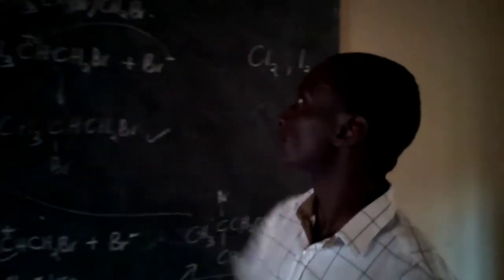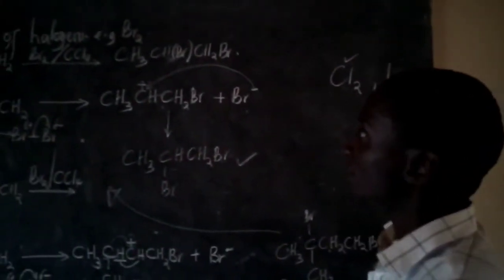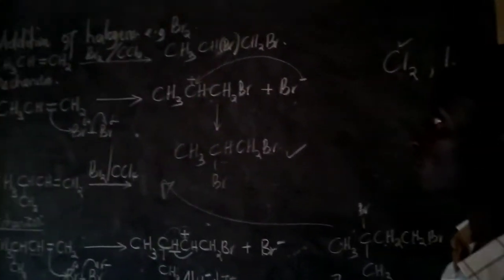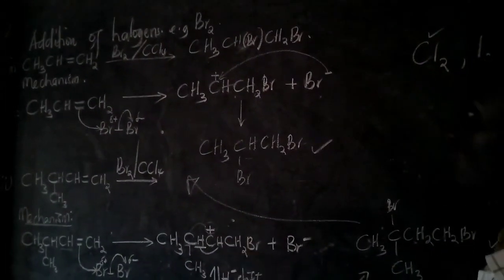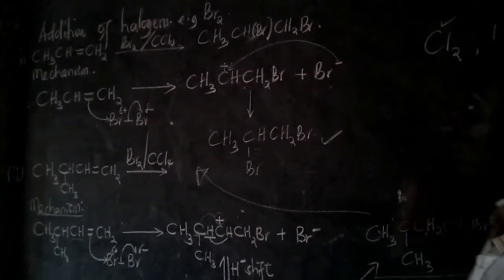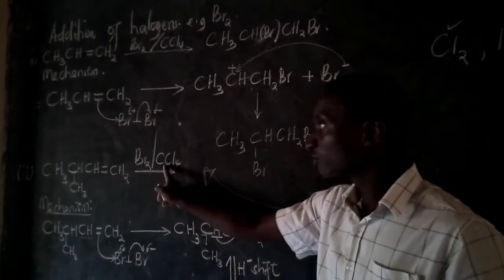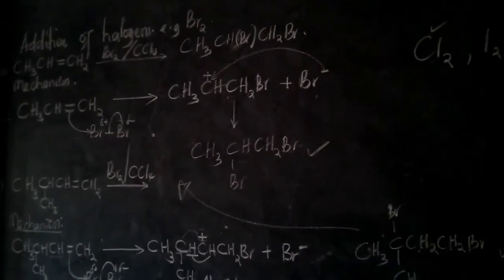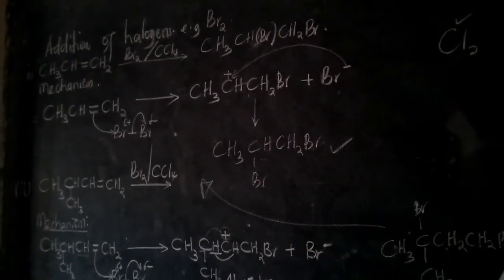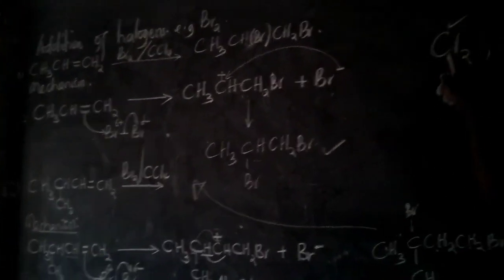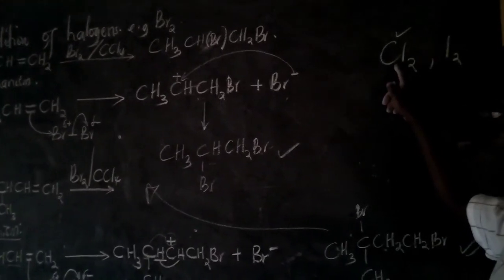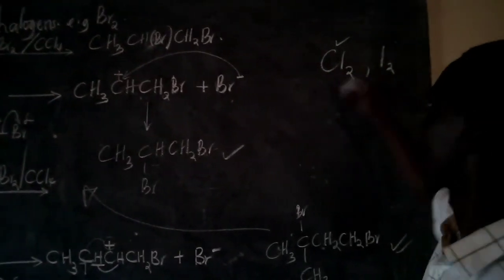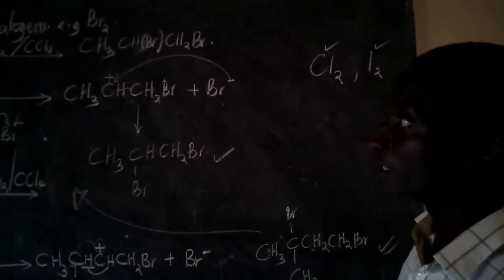Reaction 1: bring propene, then you add chlorine and see what takes place. Reaction 2: bring still chlorine and add, in presence of an organic solvent, to that alkene and see what takes place. Just substitute where there is bromine, you are putting there chlorine. I'm very sure things will be able to come out. The same concept will be for iodine.